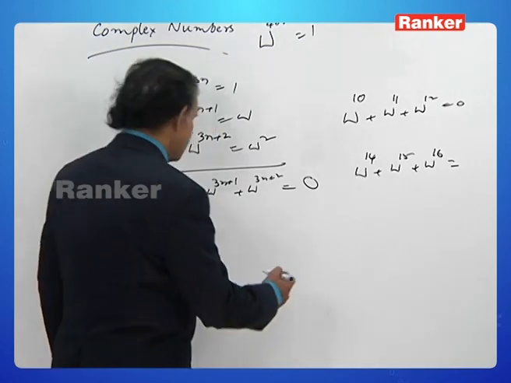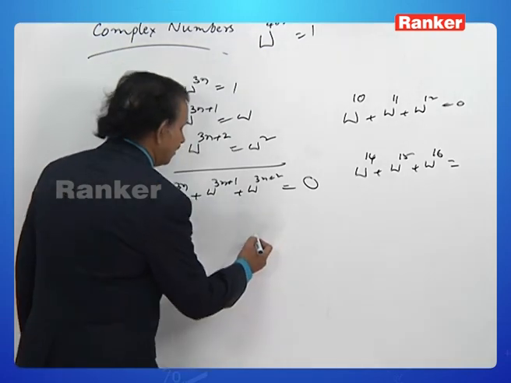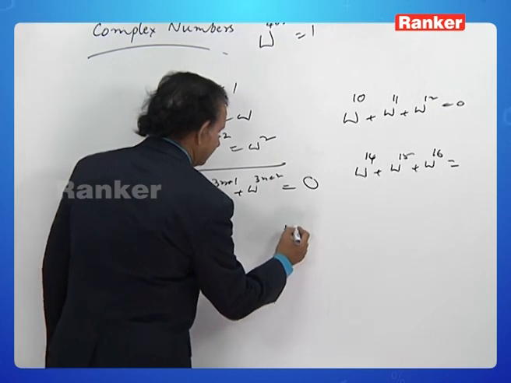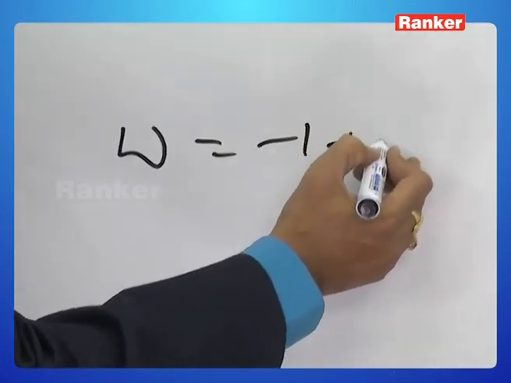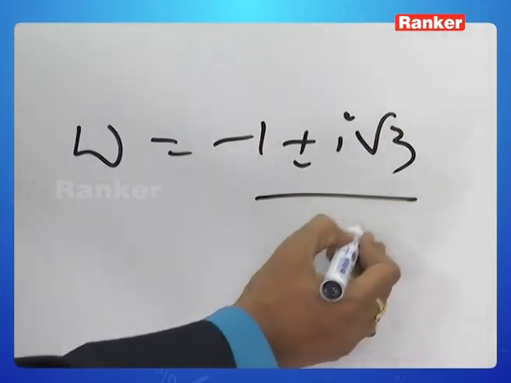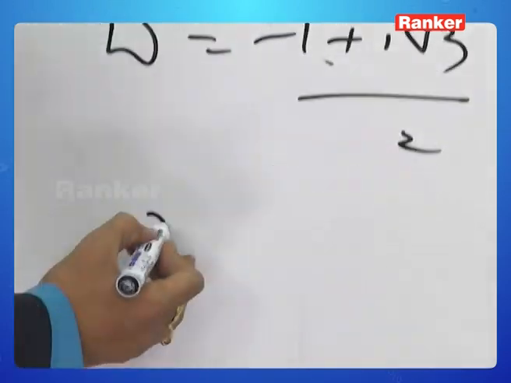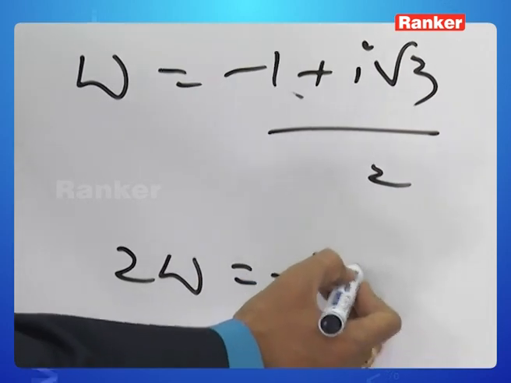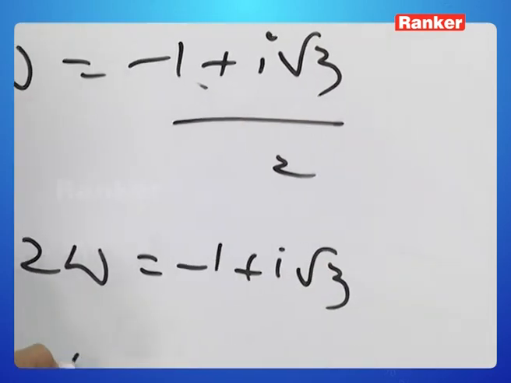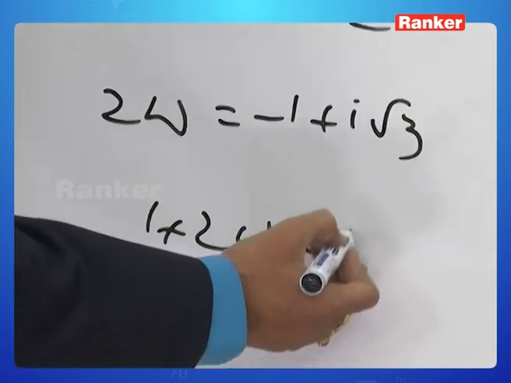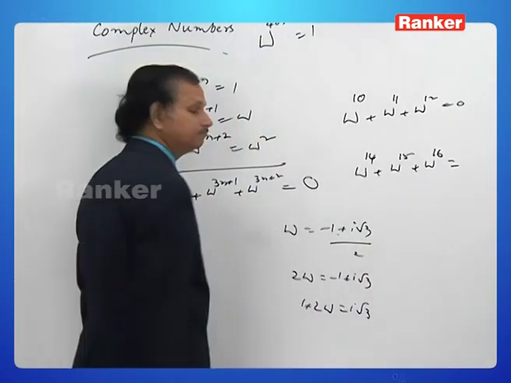One more thing. What is omega actually? Minus 1 plus i root 3 by 2. From this we have 2 omega is equal to minus 1 plus i root 3, so 1 plus 2 omega is equal to i root 3.